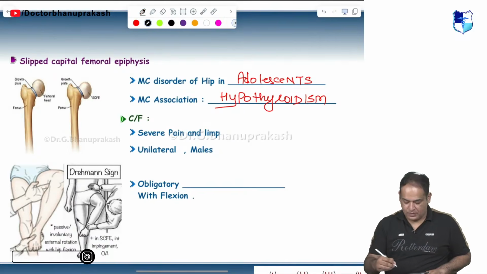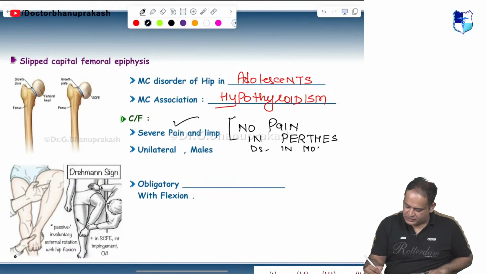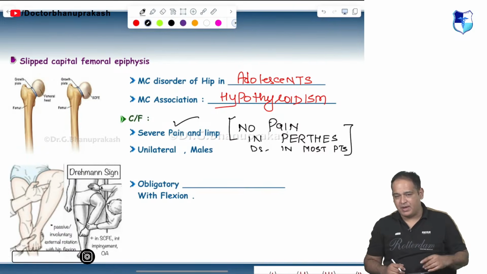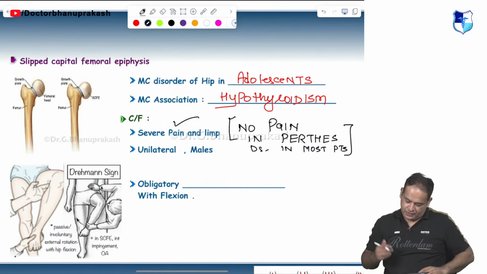Clinical feature, pain. You see, there is no pain in Perthes disease in most patients. So, pain is variable. But here, this condition is painful, right?